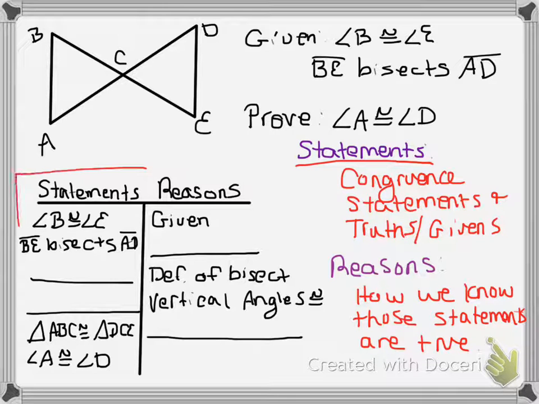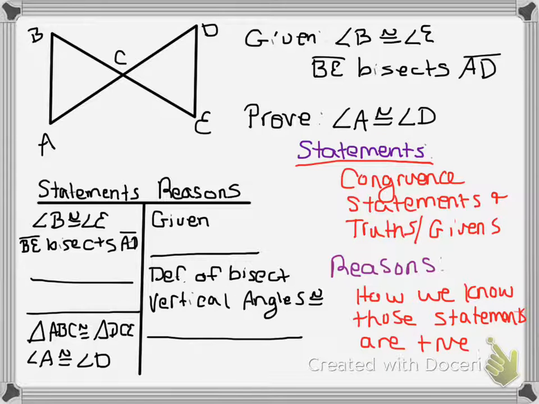So everything on this side is always going to be something that's given or a congruent statement, pretty much. If you can keep that in mind, that should hopefully help you with some of the problems that you've been having with not knowing what goes where.